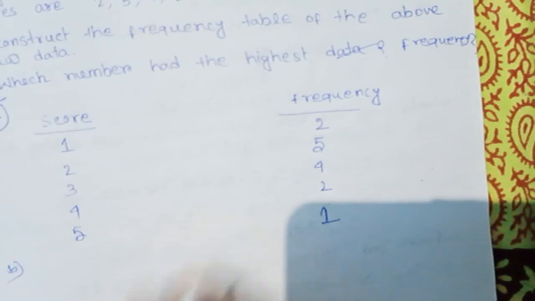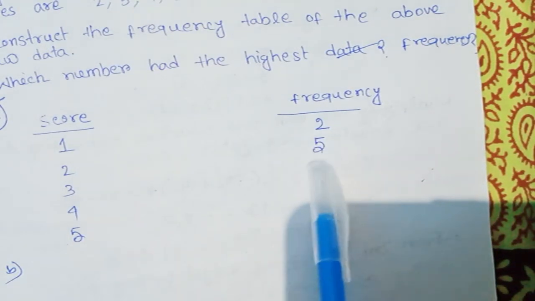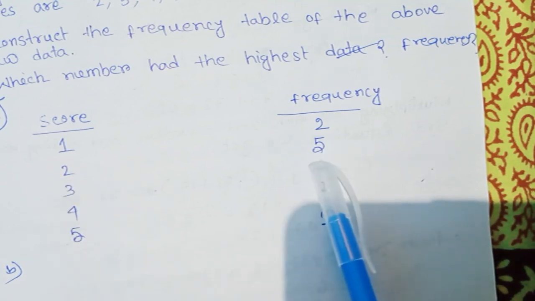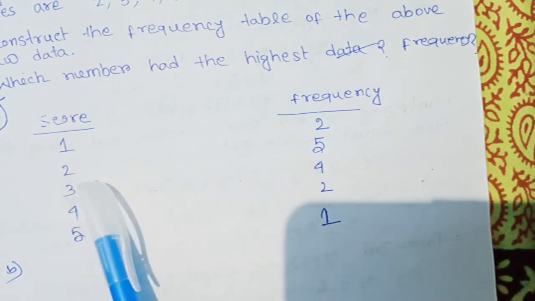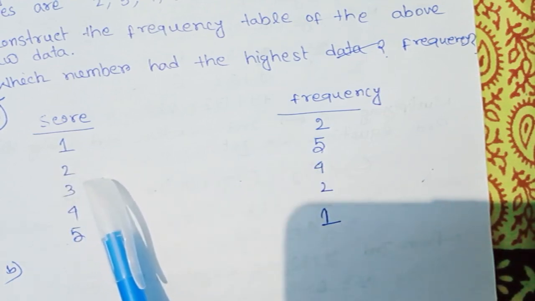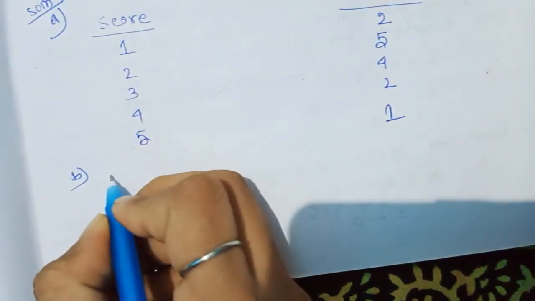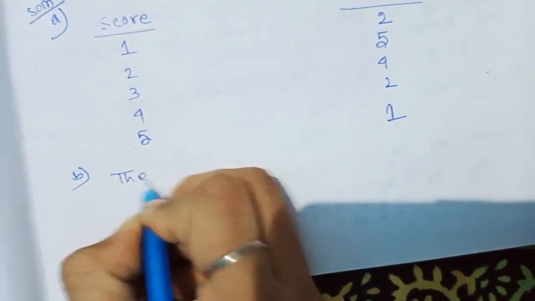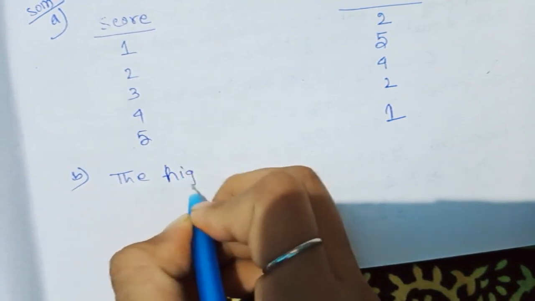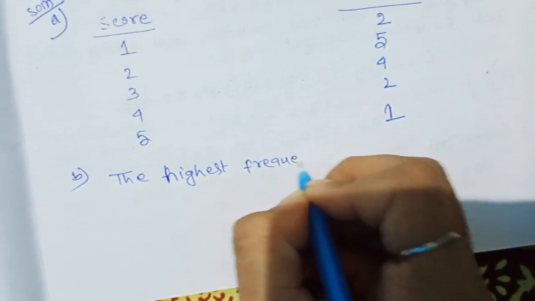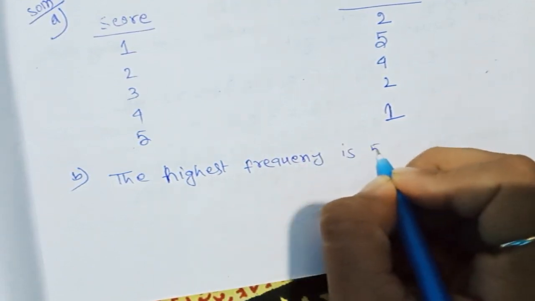So the maximum frequency is 5, means which number is repeating more times than others. So the highest frequency is of score 2. So we are to write here that the highest frequency is 5.